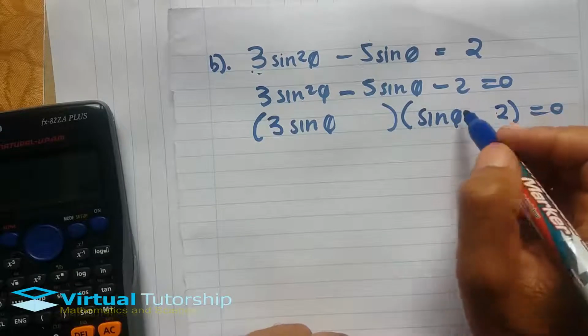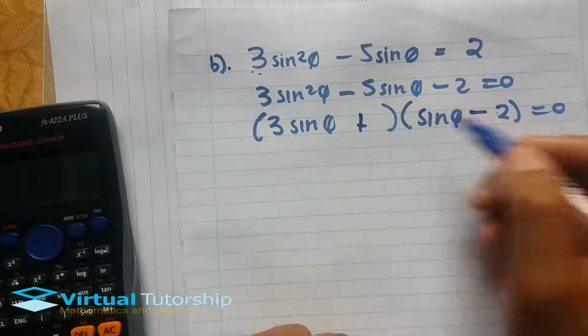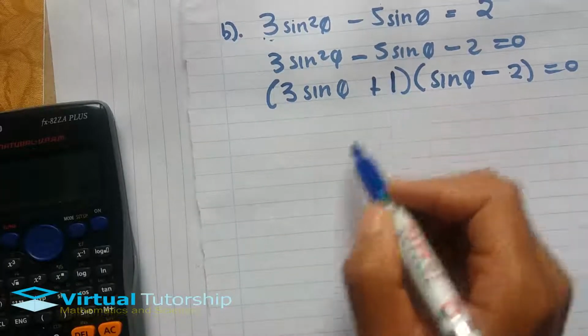I'm using the factoring method here. So there will be a minus and a plus. So now simplify further. A minus and a plus here it's 1.